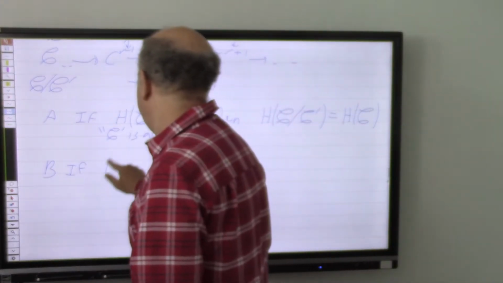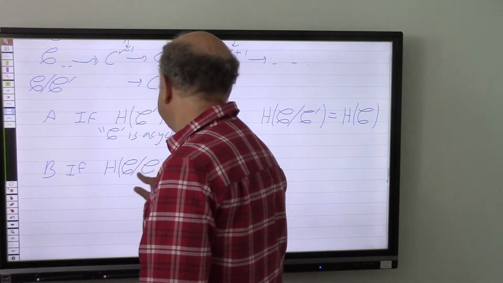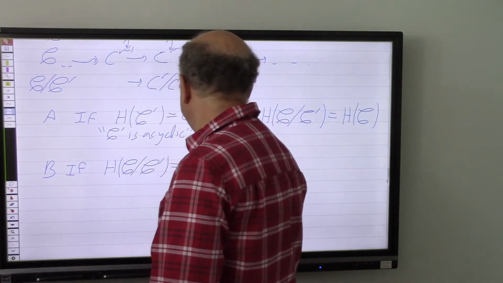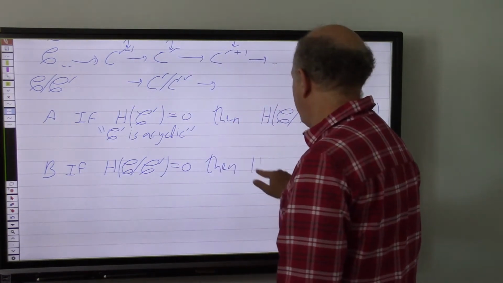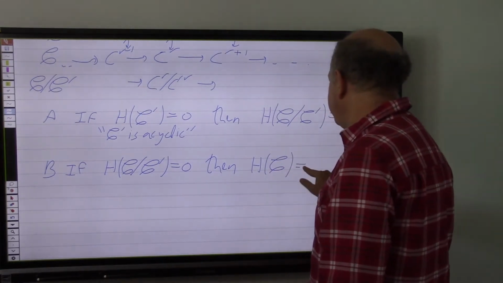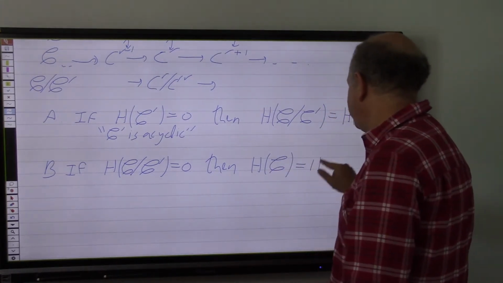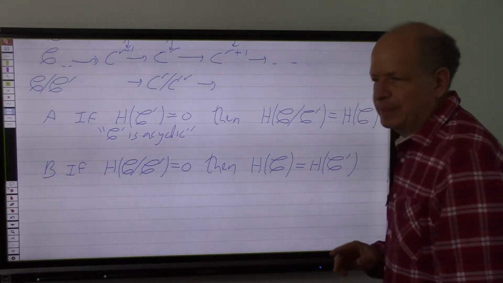So if the homology of C modulo C prime is equal to 0, then the homology of the full complex is equal to the homology of C prime. Okay?